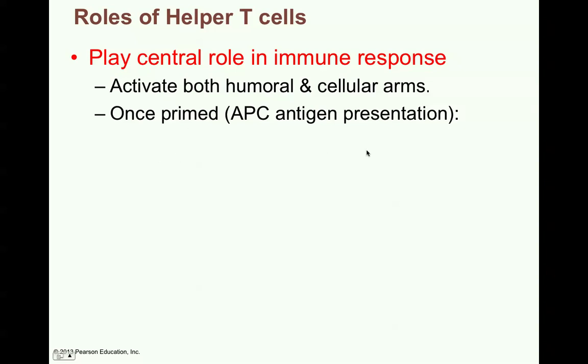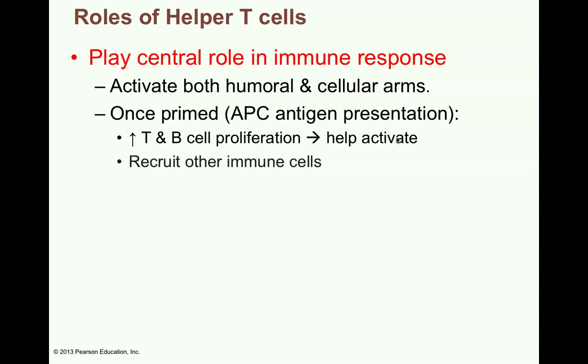Once primed by the antigen-presenting cell, this presentation is what is going to activate the helper T cell. What this does is increase T and B cell proliferation and help activate them. It will recruit other immune cells. If you have no helper T cell, you get no immune response.